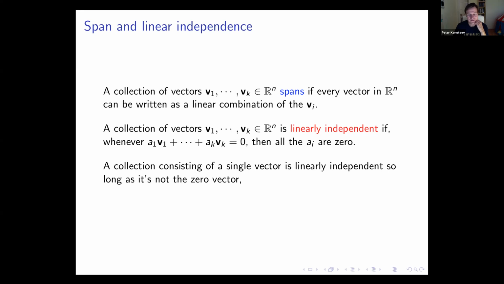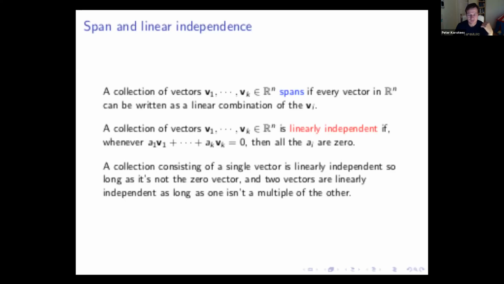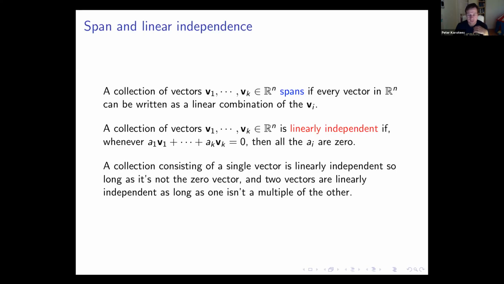A collection consisting of a single vector is linearly independent because you can just multiply it by 0. That's the only thing you can do. And two vectors are linearly independent as long as one is not a scalar multiple of another.